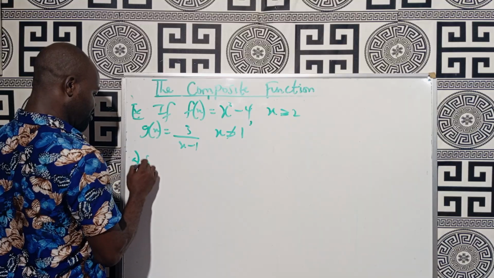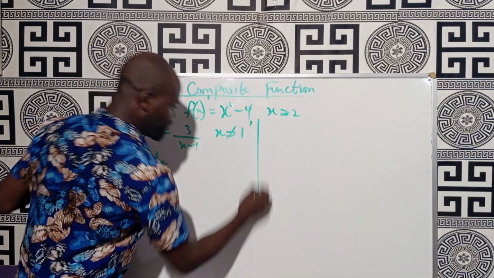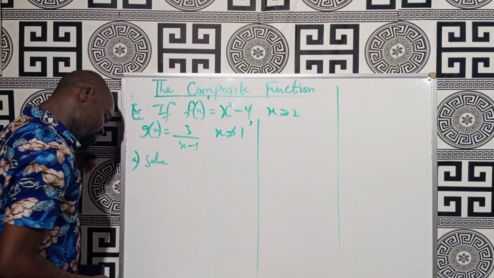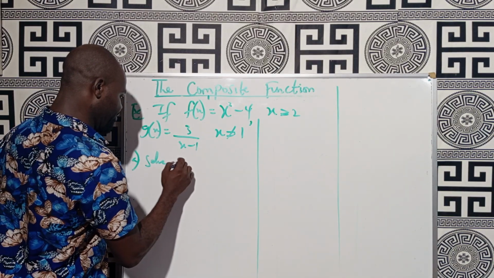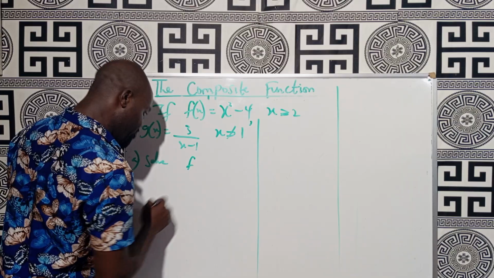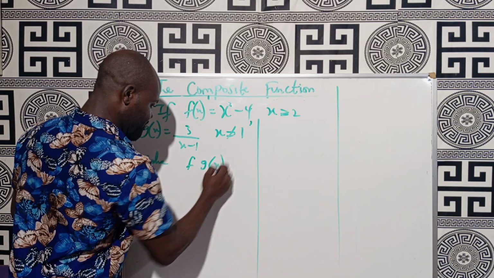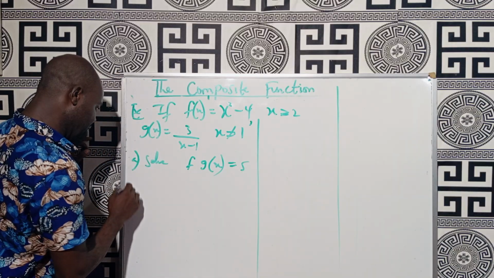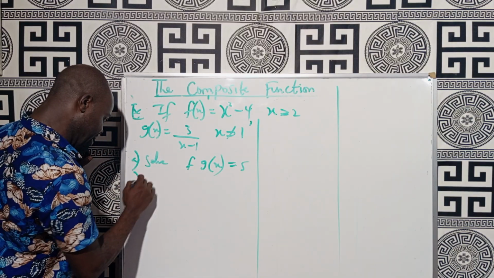So part A says solve the equation f g of x is equal to 5. Then the second part says find the expression.